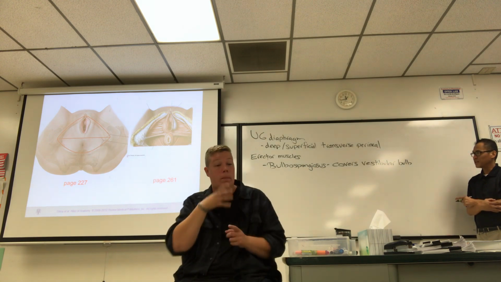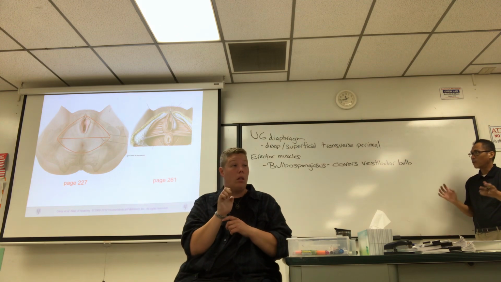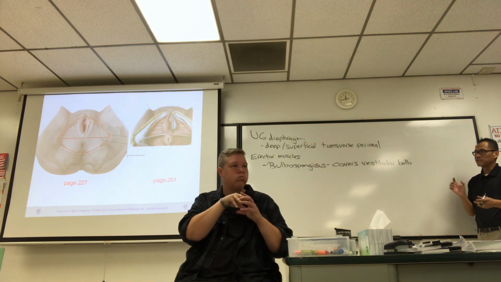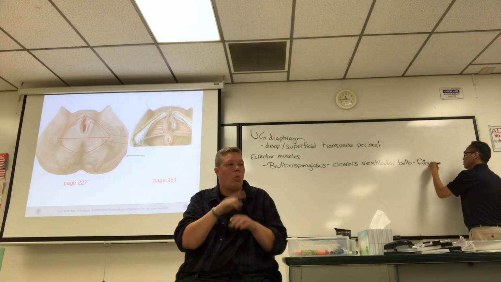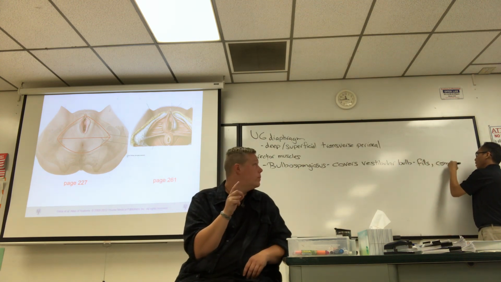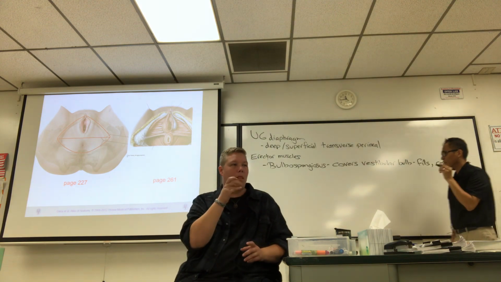Now the function of it is, since it's erectile tissue, it fills with blood. And when it does so, it compresses a gland. So it fills and then compresses the greater vestibular gland.